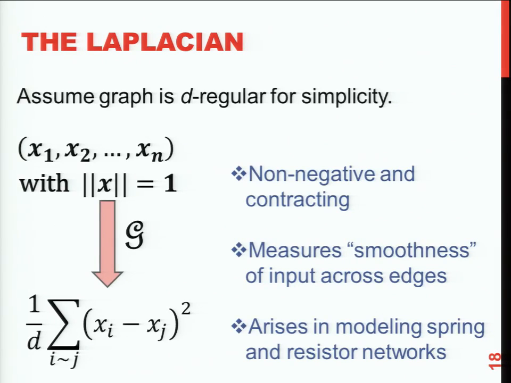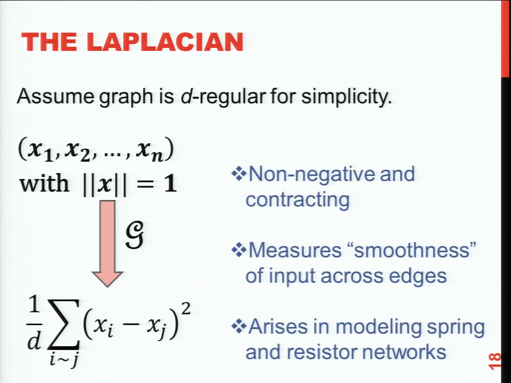That is making a huge difference right now in algorithms, viewing graphs as electrical networks, but I am not going to go into it. This Laplacian arises in a lot of places, in resistor networks and in modeling springs, since this is like the potential function of a spring.